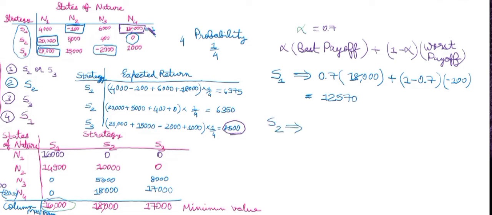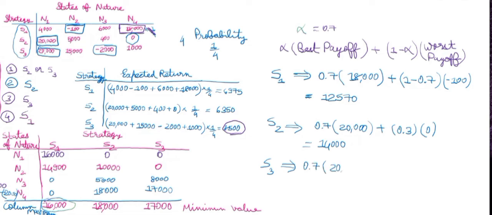Then same way for the second strategy, which is S2, 0.7 into best payoff, which is 20,000, and worst payoff is 0, plus 1 minus 0.7, that is 0.3 into 0. On solving this, we get 14,000.